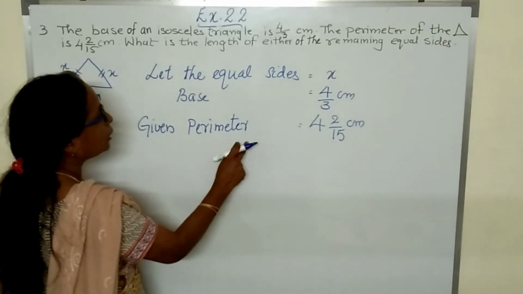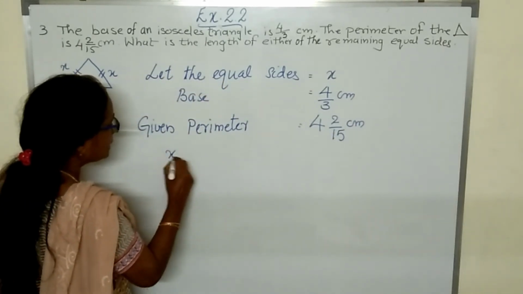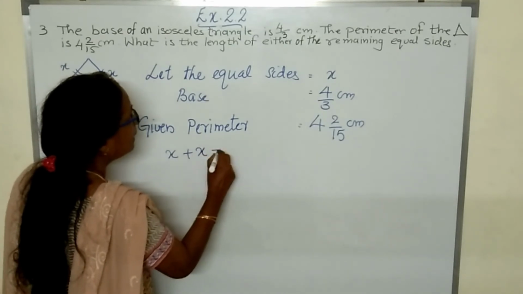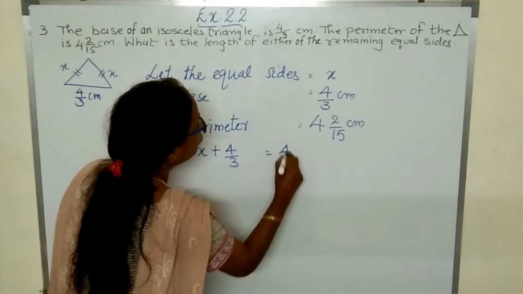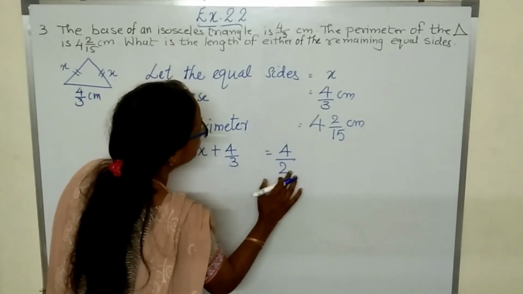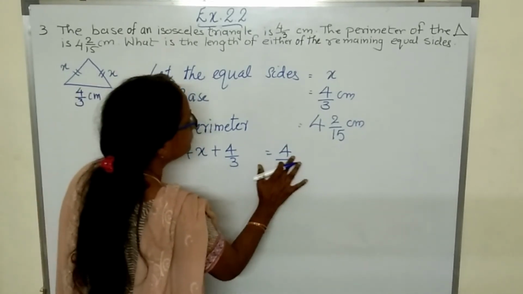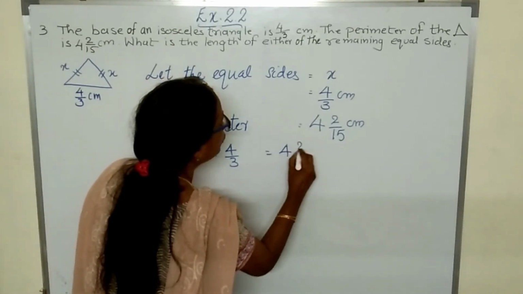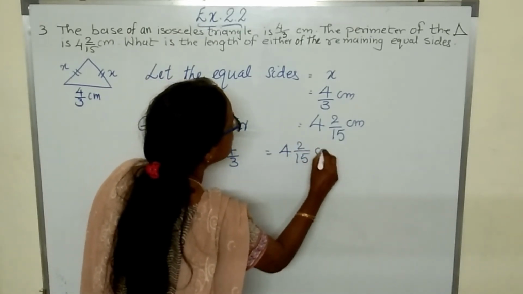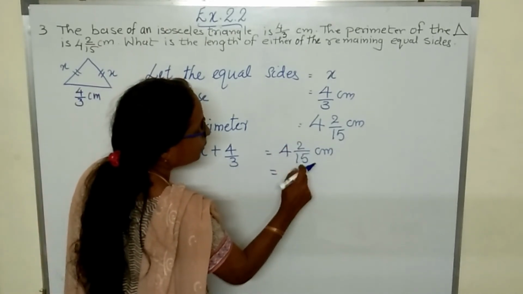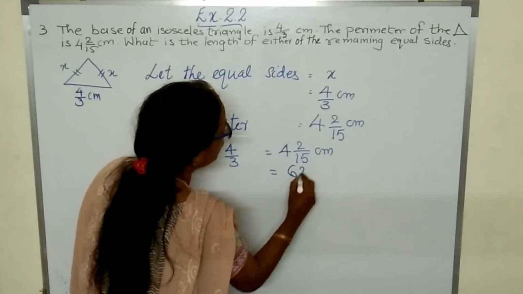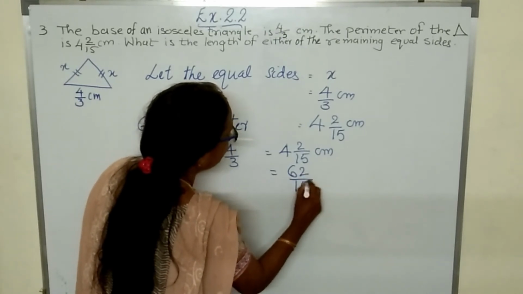Now what is the perimeter of this triangle? x plus x plus 4 upon 3 is equal to 4 and 2 upon 15 centimeter. Now what is 4 and 2 upon 15? 62 upon 15.